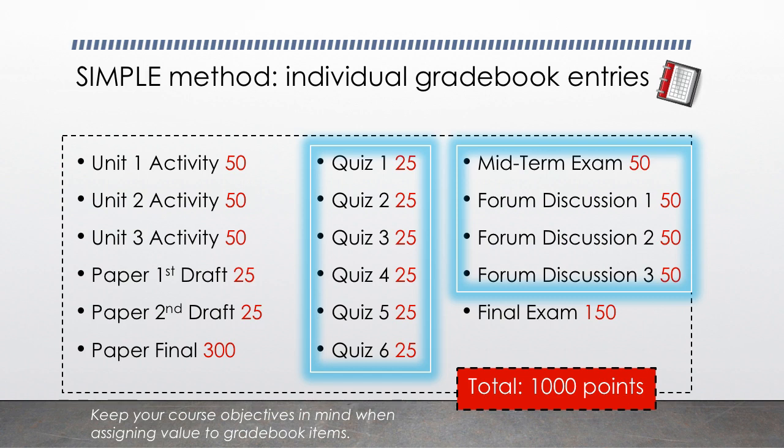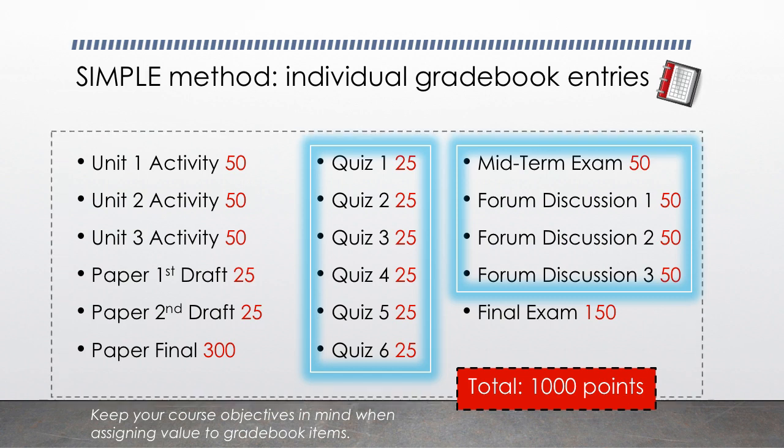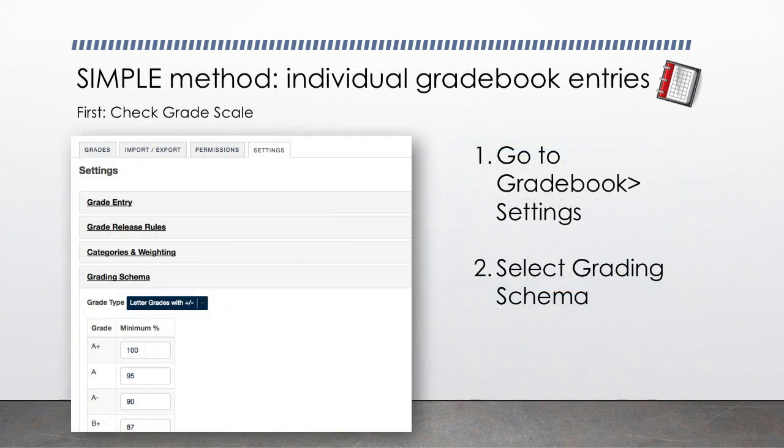So, in this example, if I were to begin setting this up in the gradebook, I first want to go to the course, click on Gradebook, and then Settings to double-check the overall grading scale for the course under Grading Schema. The scale here doesn't specify the scale for individual gradebook items. Rather, it specifies the scale for the overall course grade.